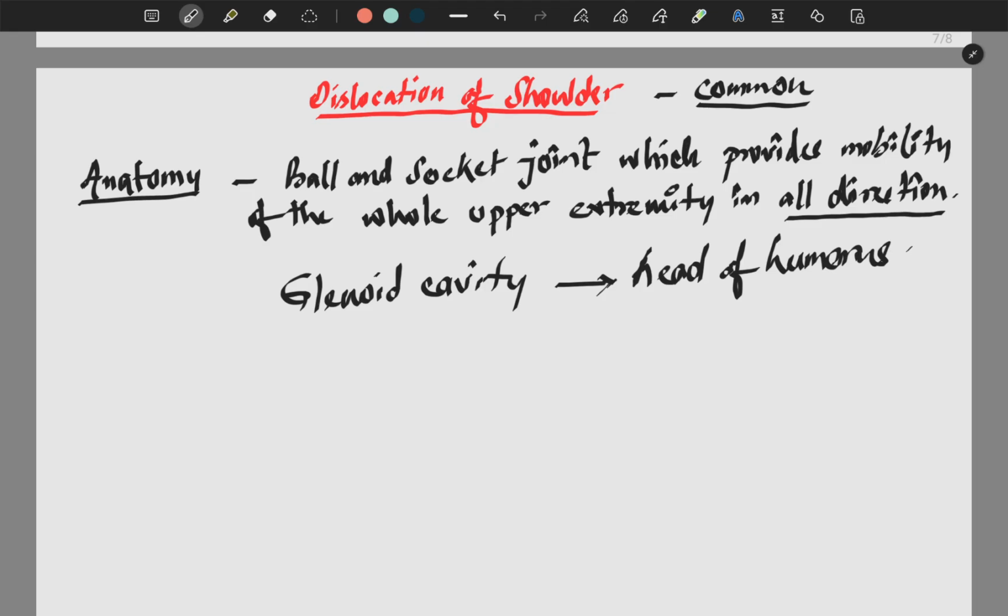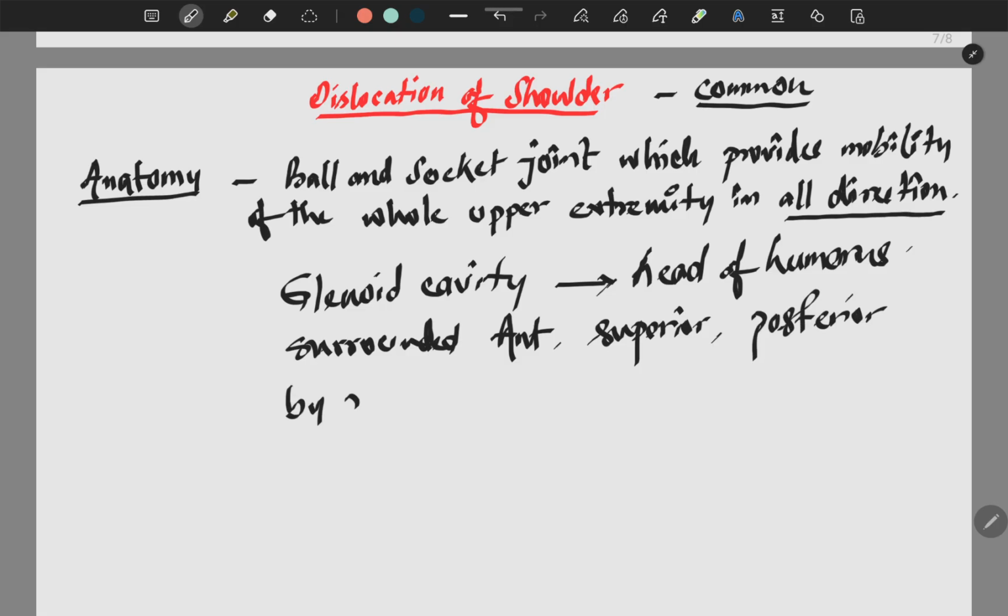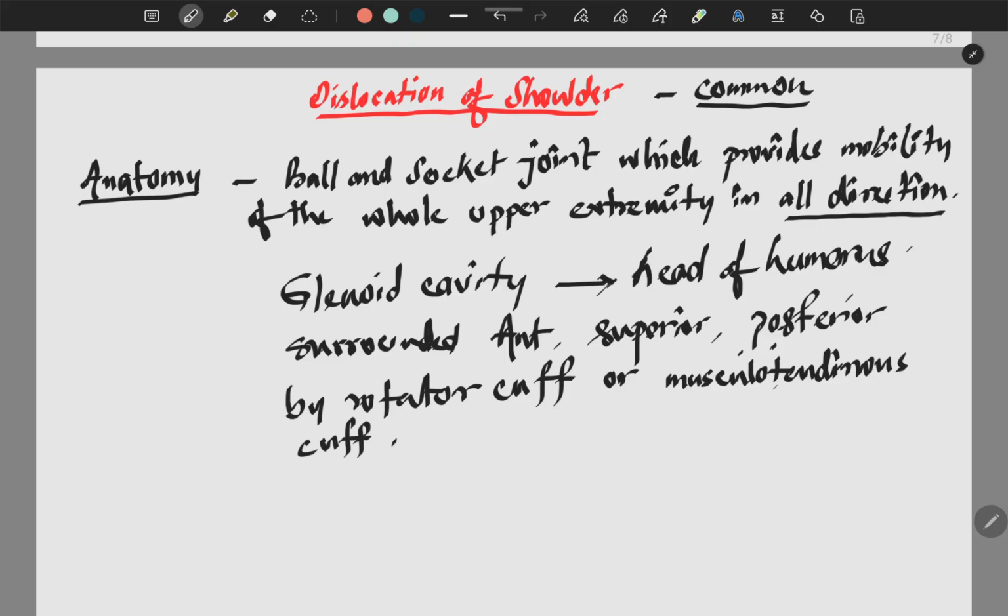The joint is surrounded anteriorly, superiorly, and posteriorly by the musculotendinous cuff, that is the rotator cuff. Which muscles form the rotator cuff?